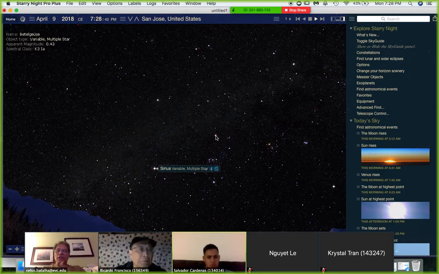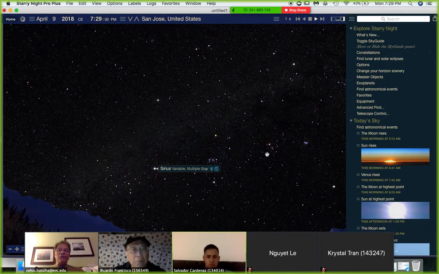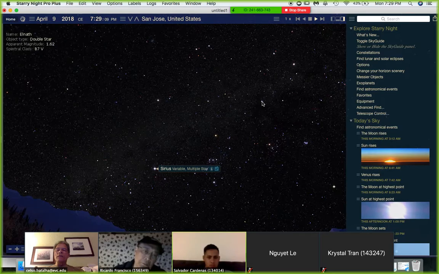A K star is a cooler star, and you can see it with this kind of orange coloration, but the magnitude is 0.43, which indicates it's less bright than Sirius because the number is slightly bigger. So let's take a fainter star right here. That star, the magnitude is 1.62, is a B star, a hot star.